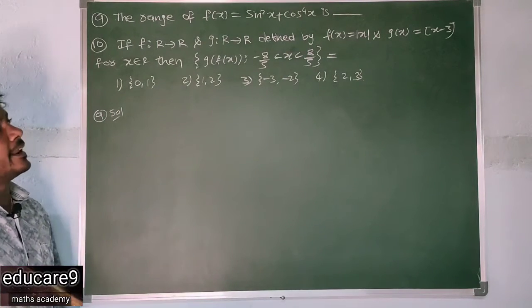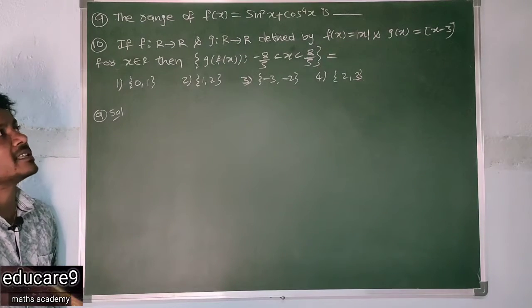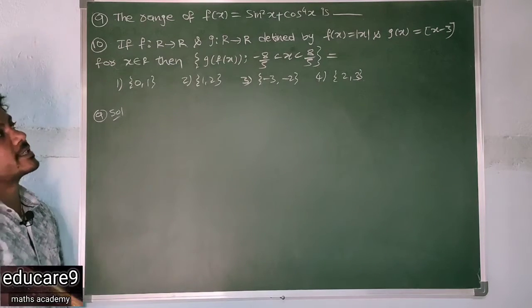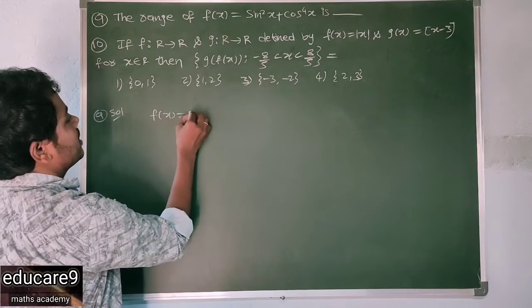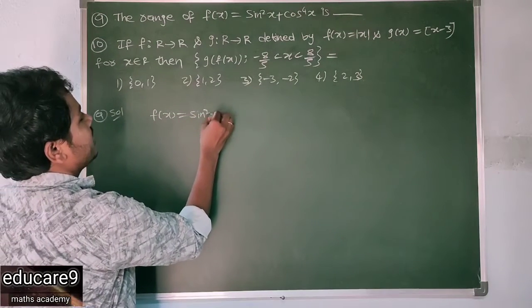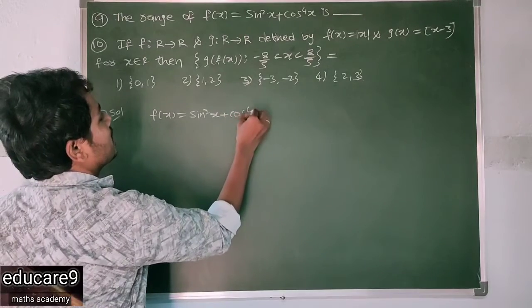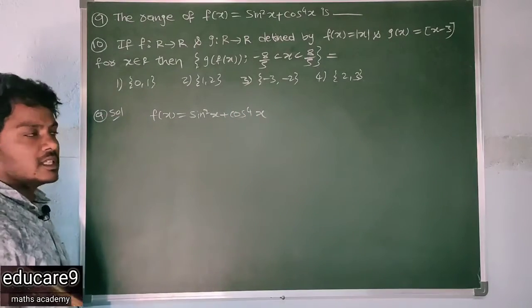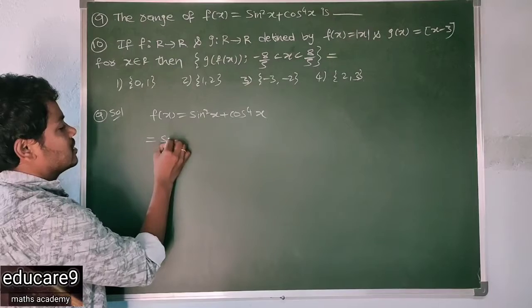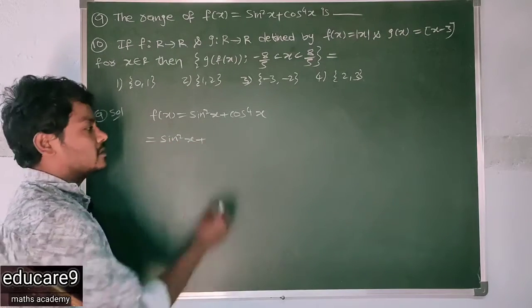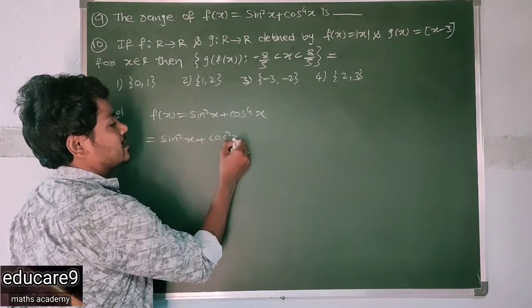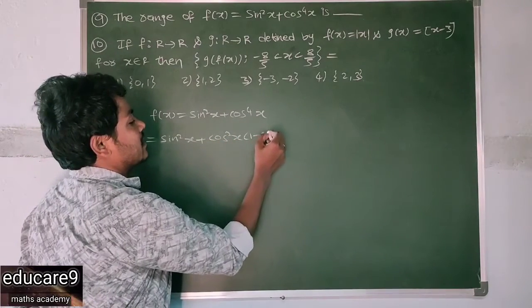Find the range of sin square x plus cos power 4x. See here, the given function f of x is equal to sin square x plus cos power 4x. So cos power 4x can be written as cos square x into 1 minus sin square x.